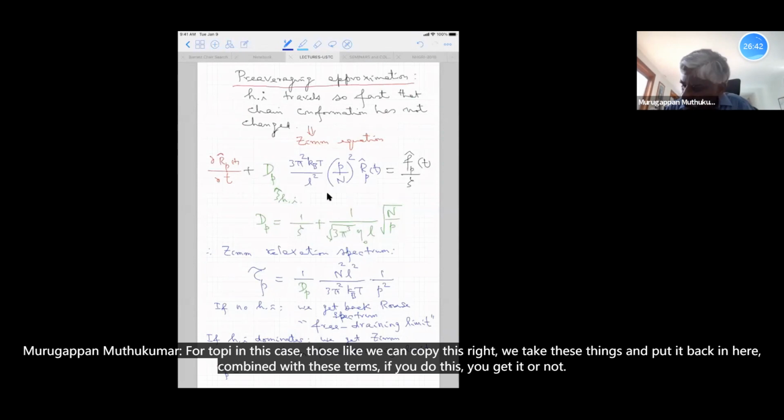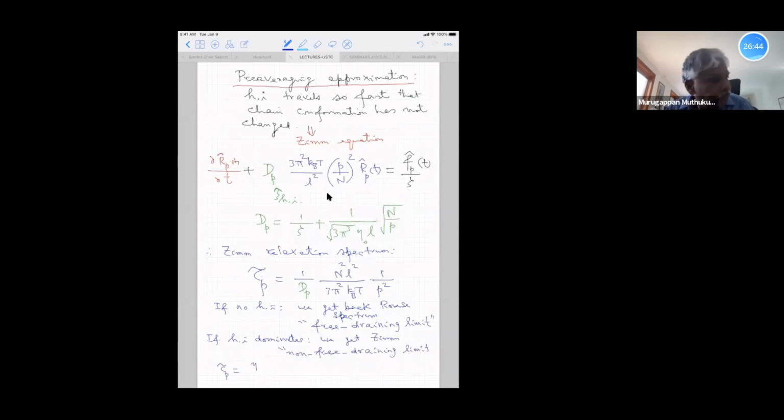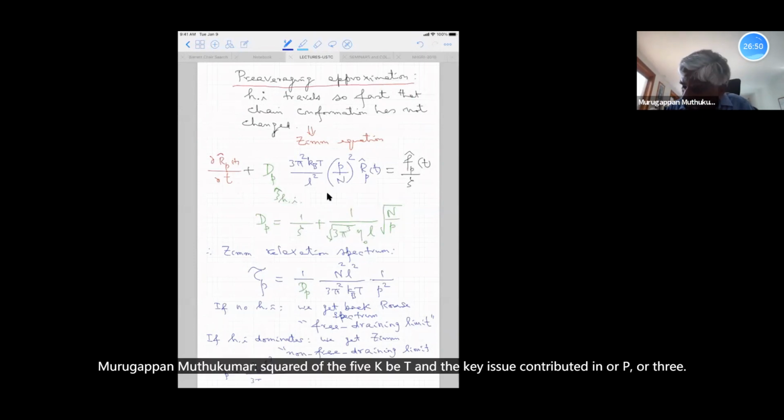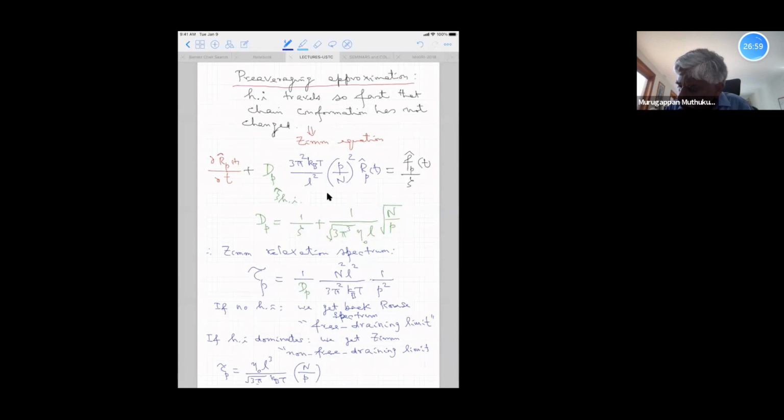If you do this, you get eta naught L cubed as given in the handout, over square root of 3 pi kBT, and the key attribute is N over p to the 3 halves. Please notice it.